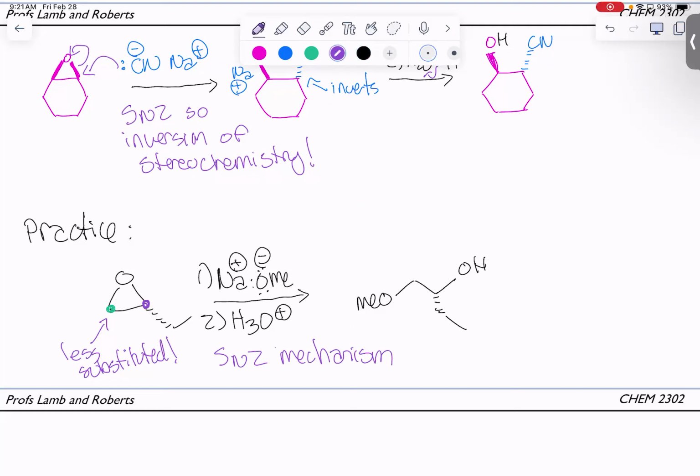So the stereocenter here is not touched. Because the SN2 mechanism says I should choose the less substituted carbon.